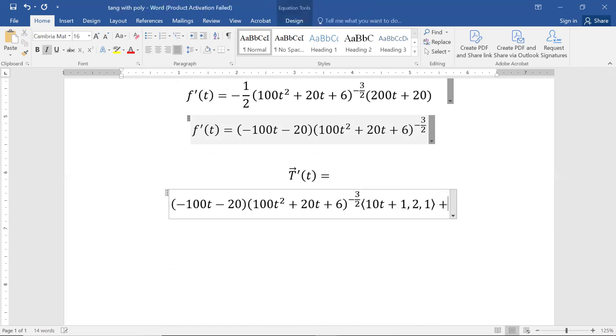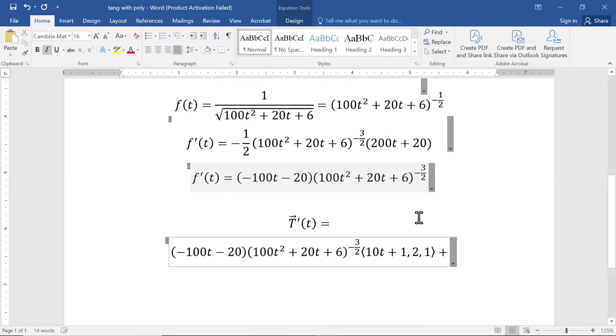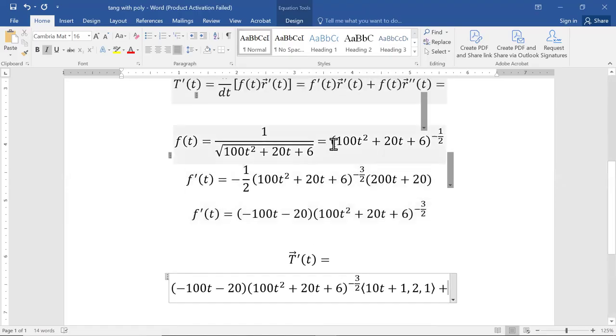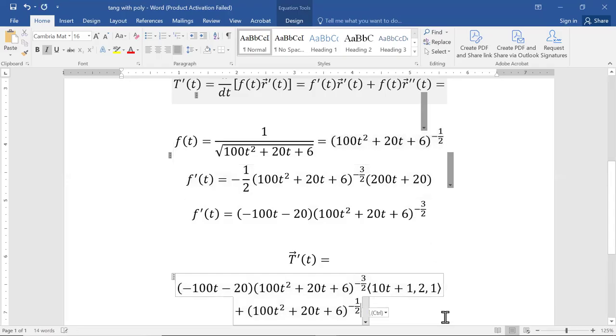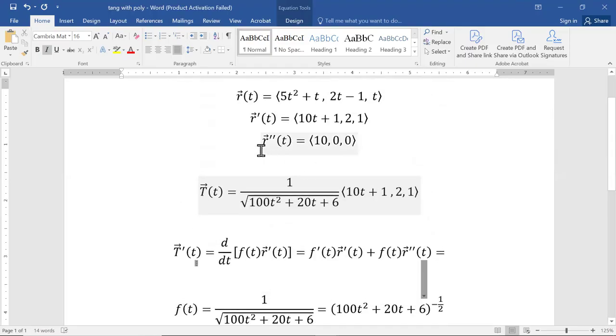And then I need to add my normal f multiplied times my vector r double prime, which is 10, 0, 0.